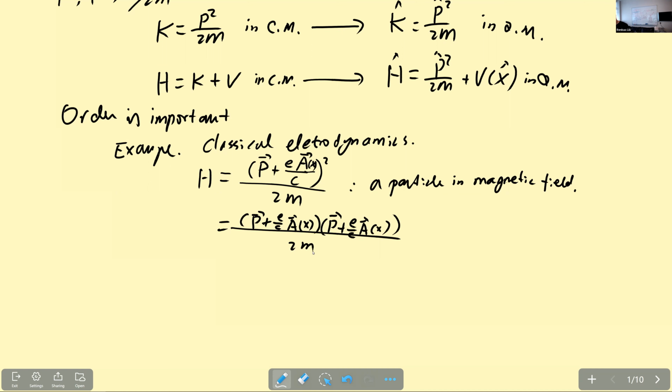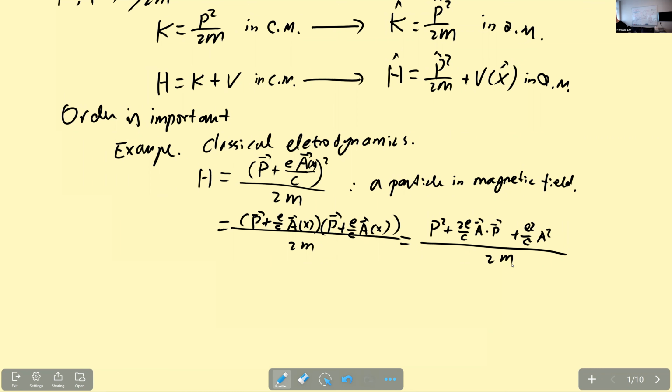If we do the expansion, this is P squared plus 2e/c A dot P, and then plus e squared over c squared A squared, all over 2m.